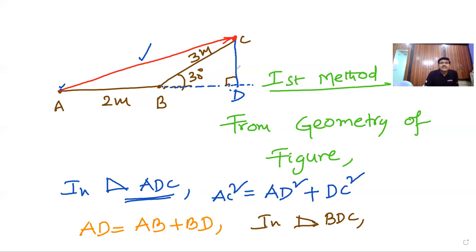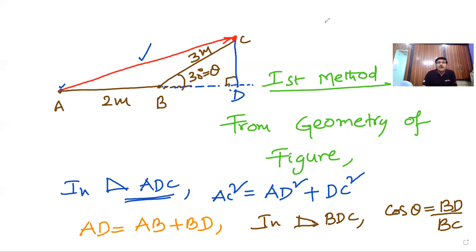This is the adjacent side, this is the opposite side. If I take cos theta in BDC, what is cos theta? If I take this 30 degrees as theta, cos theta is adjacent side BD by hypotenuse BC. BD by BC. Adjacent side by hypotenuse.